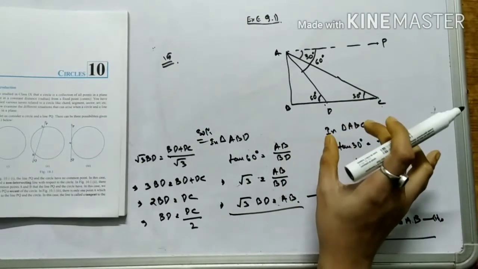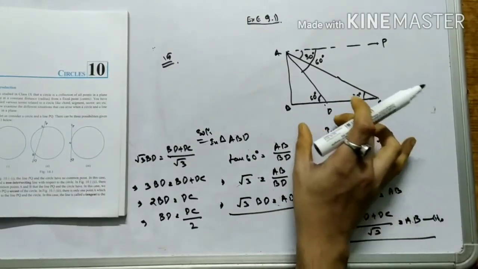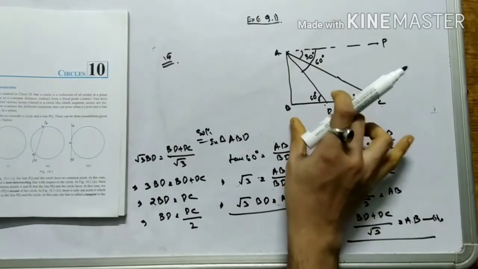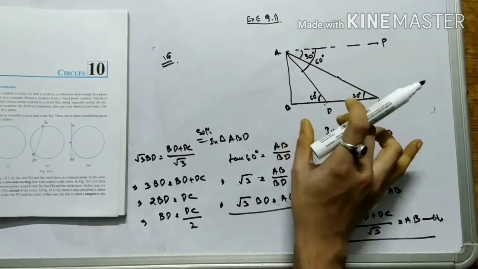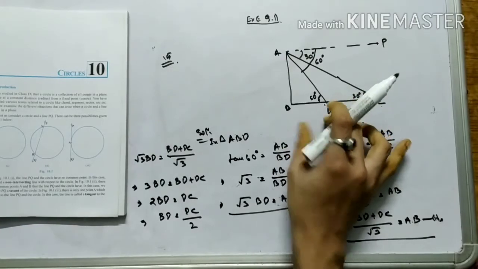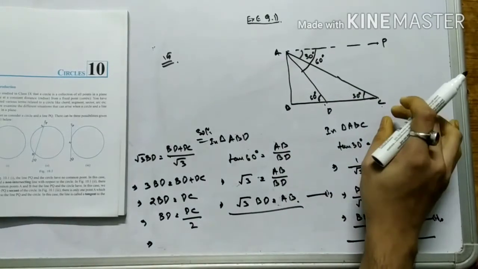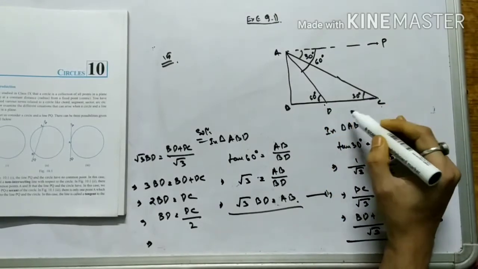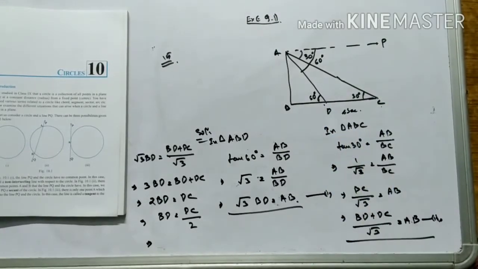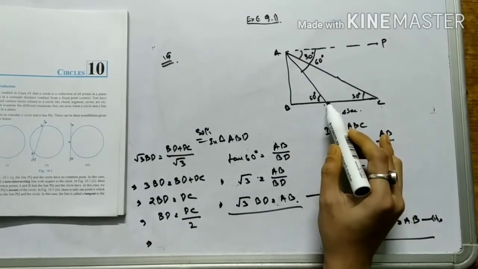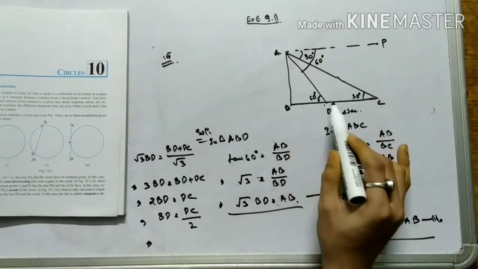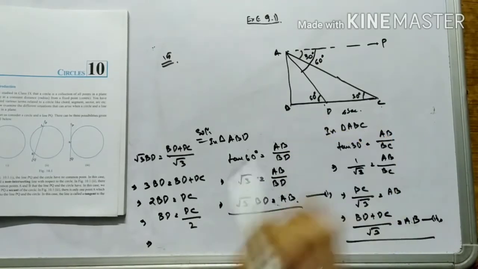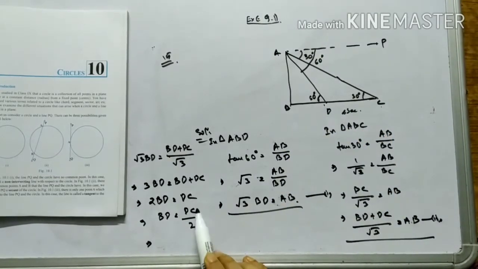I have to take out the time taken by the car to reach from D to B. From C to D, the time taken by the car was 6 seconds. And to reach from B to D, what I got? DC by 2.